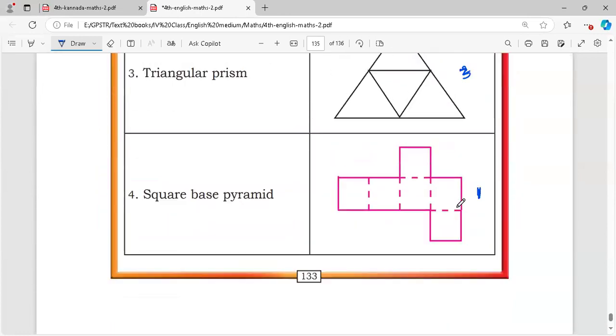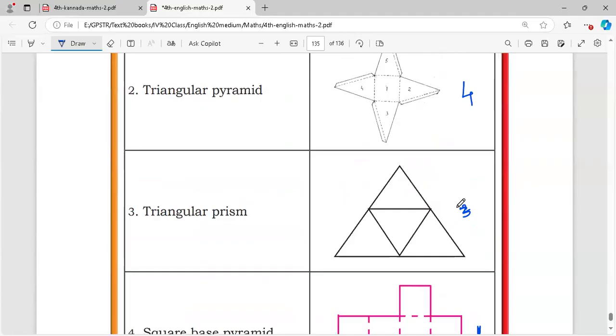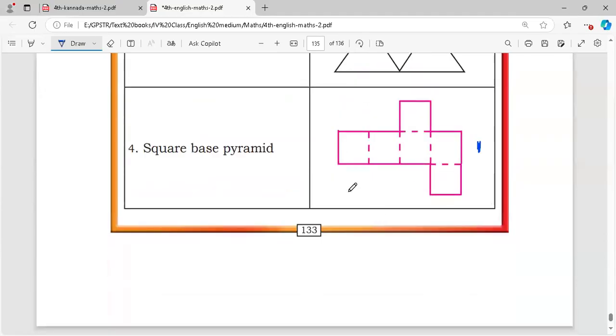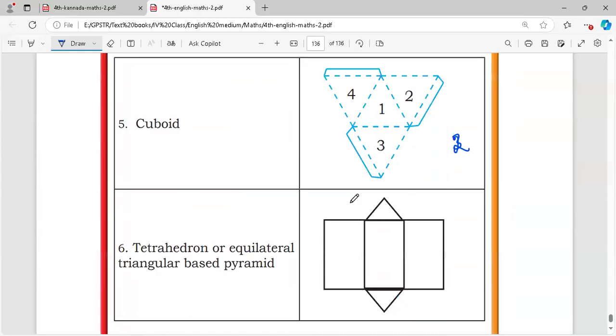Tetrahedron, equilateral base pyramid. Triangular base prism. Okay, right. This is the sixth one. This is the second one. Right.